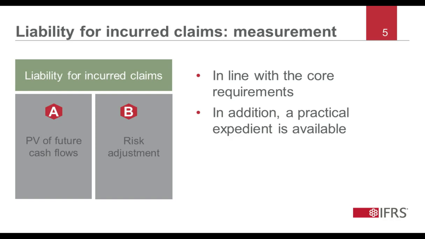The liability for incurred claims is measured in line with the core requirements, comprising the present value of the expected cash flows and the risk adjustment for non-financial risk. As an additional simplification under the premium allocation approach, IFRS 17 provides a practical expedient related to discounting.